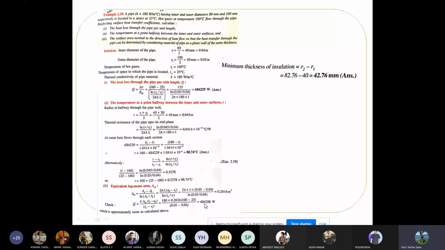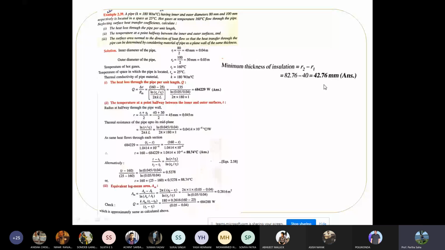So minimum thickness of insulation will be 82.76 minus 40. What is 82.76? I have to check what I have done here.